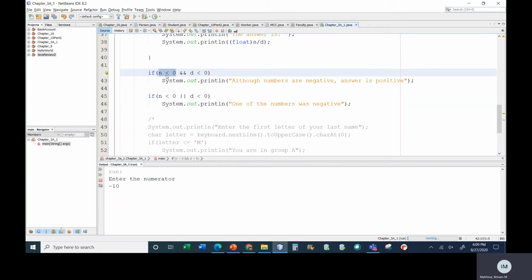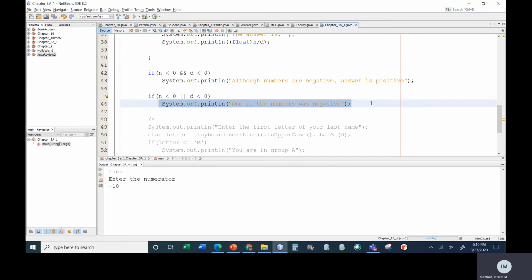Is -10 less than 0? The answer is yes. But I already know that this part is true. Does it matter what the d is? It doesn't matter. Whatever denominator I give you, this statement is going to get printed.